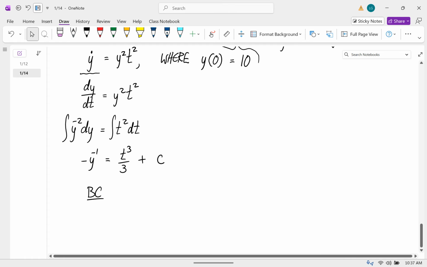So we have negative 10 to the minus 1 is equal to 0 plus c. And so that says that c is equal to negative, my computer needs a break every like 40 minutes.